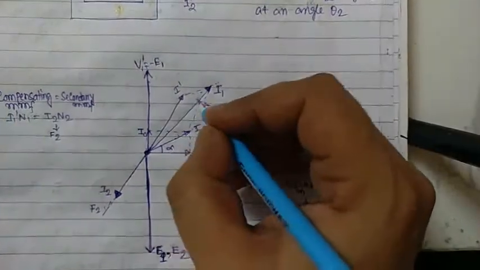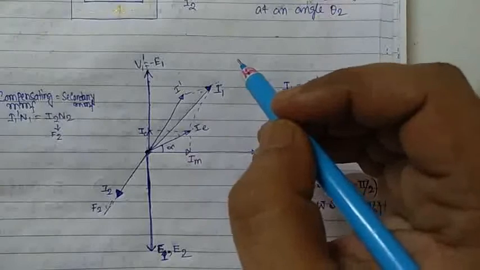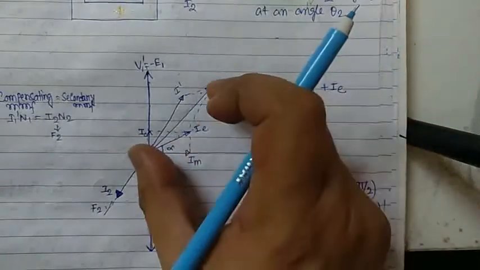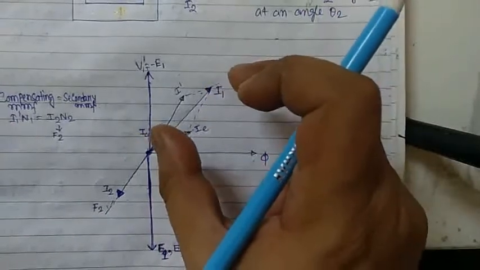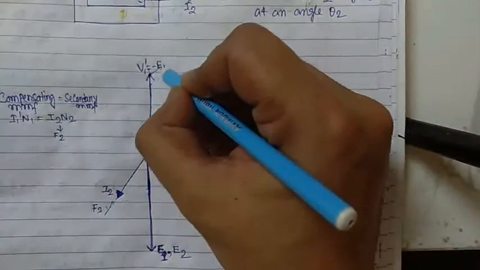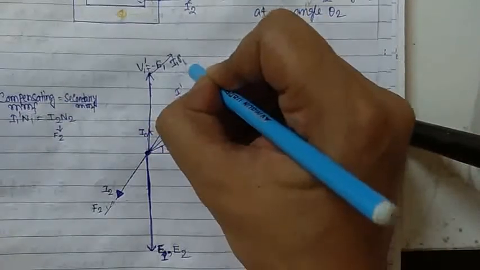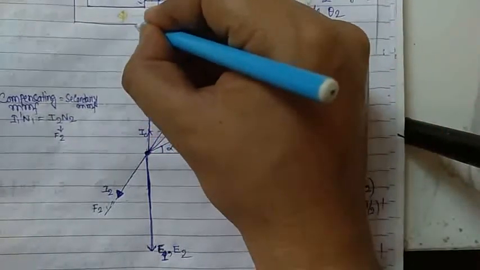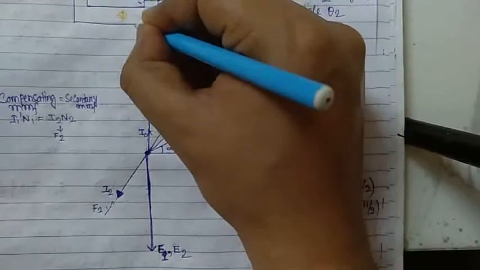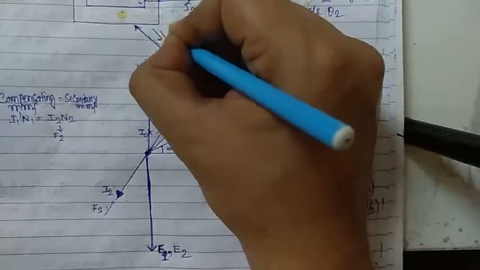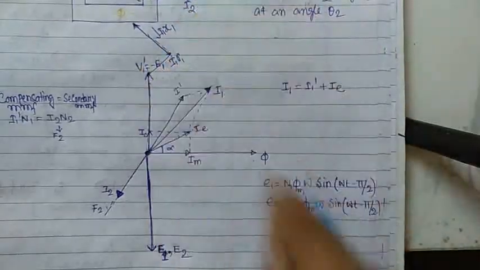Now the primary resistive drop, that is I1 R1, is parallel to I1. Taking this one as I1 R1, the inductive drop is 90 degrees apart from this, that is j I1 X1.